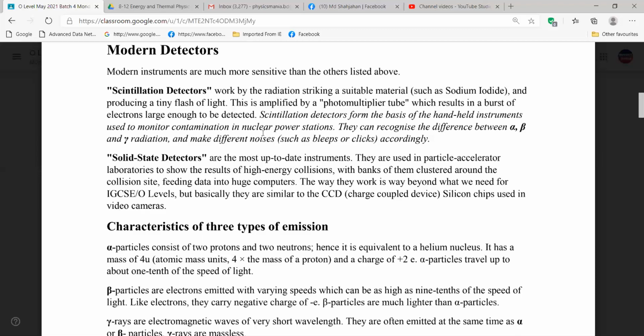Are you done? Yes, sir. Then continue. The last one, solid state detectors. Karim, loudly.